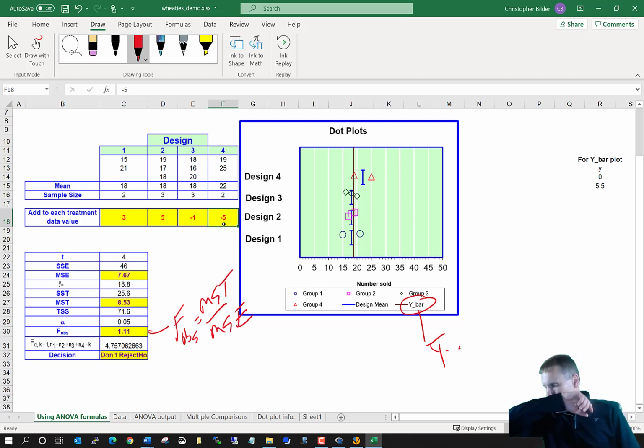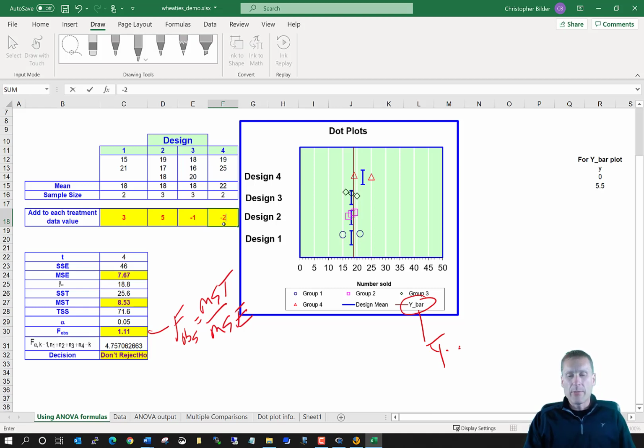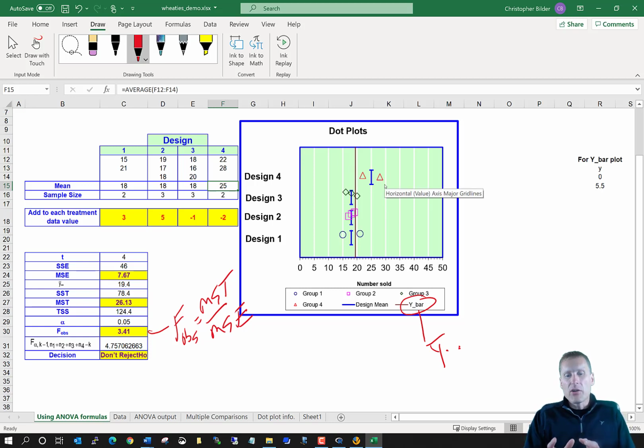Now suppose I only subtract 2. Look what happens to the plot. Look what happens to the F obs value and also the decision. Okay, now we see my data has increased in value. My sample mean is higher, it's 25 now. And we can see, again, more of this shift in this set of values for design 4 in comparison to everything else.